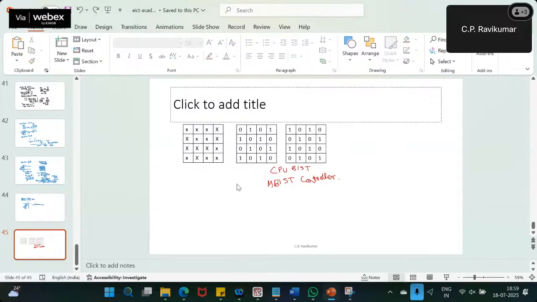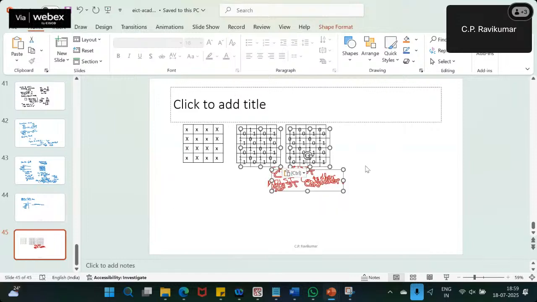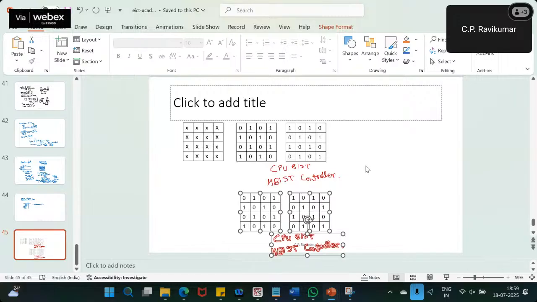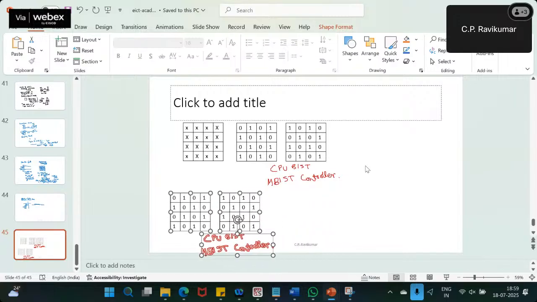For example, you can try what is called row bars, and you can also try what are called column bars.